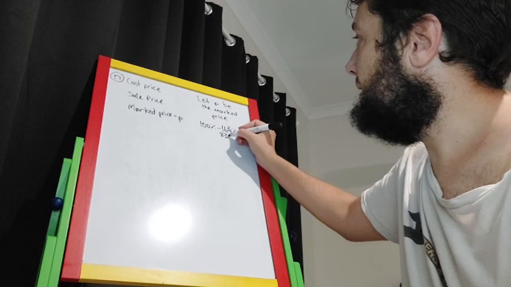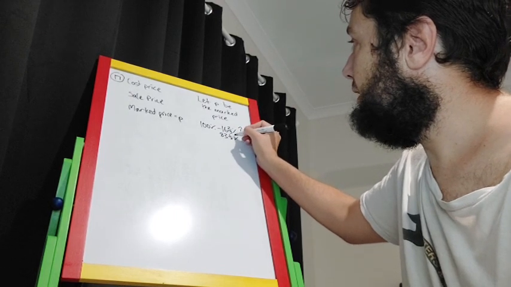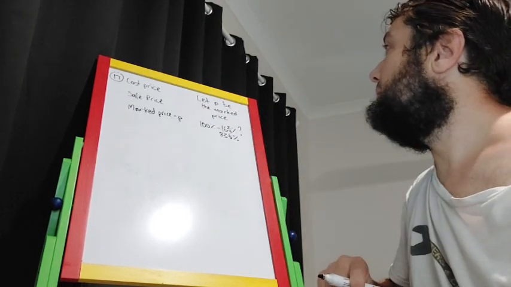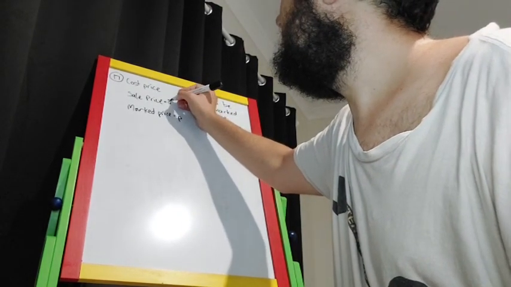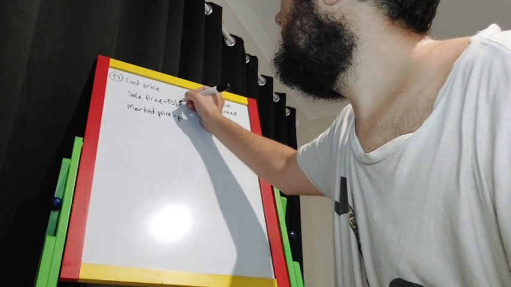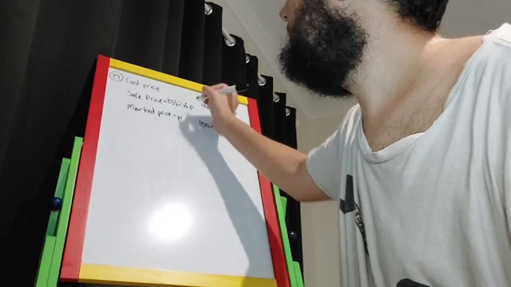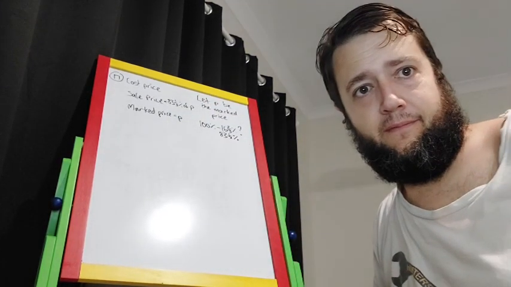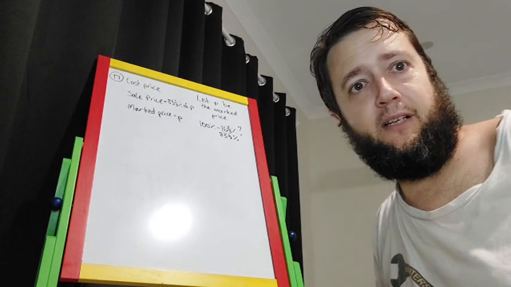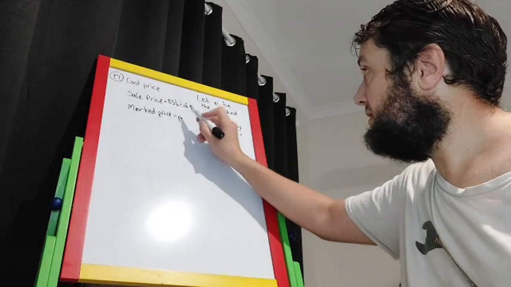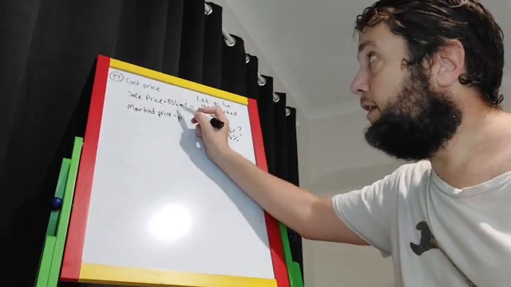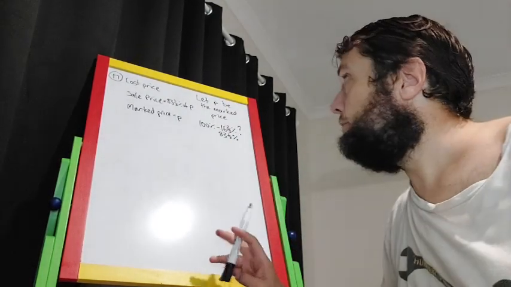I believe that's 83 and 1/3%. Okay? So the sale price is actually 83 and 1/3% of P. That makes sense, guys? If that's 100% of your price and you discount it by 16 and 2/3%, the sale price will be 83 and 1/3% of P.